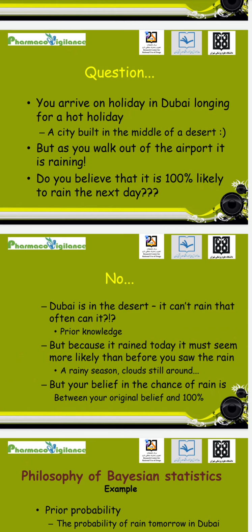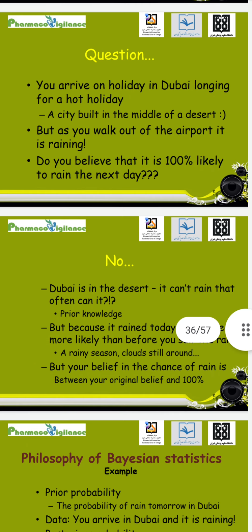It can't rain that often, can it? But because it rained today, it must seem more likely than before. You saw the rain. The clouds are still around, but your belief in the chance of rain is between your original belief and 100%.